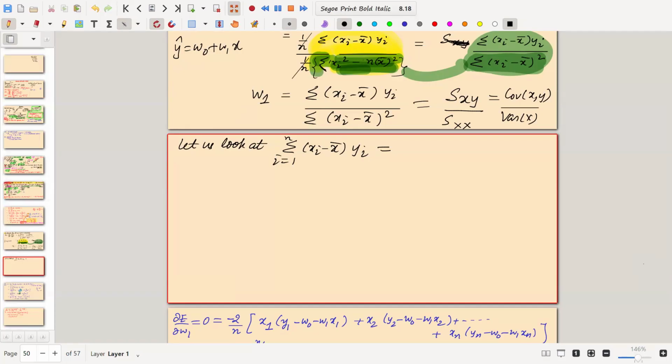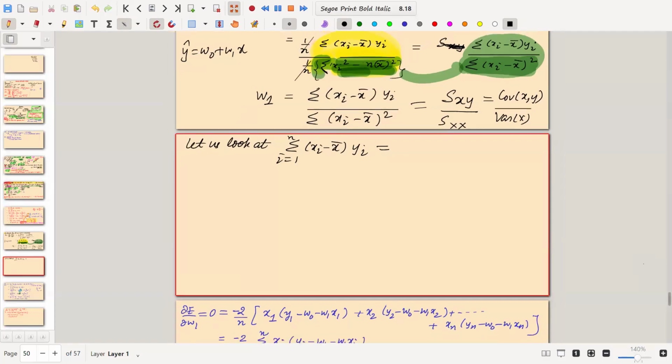Can we write this in some other way? I mean, we are writing the same thing in a proper, better formulated way. That's all we are doing here.